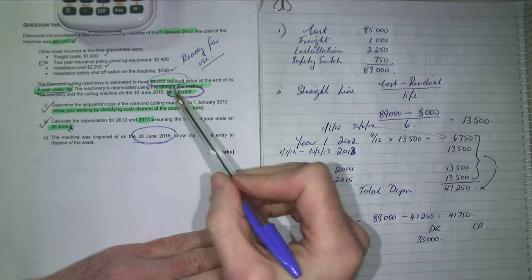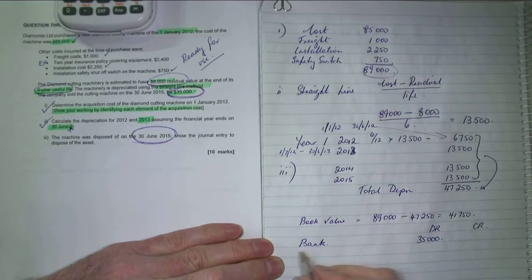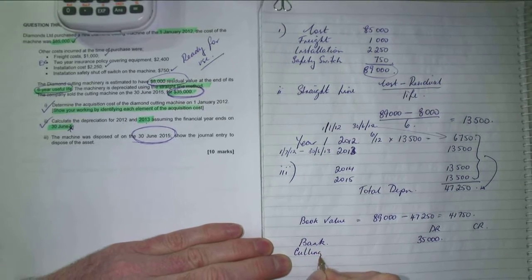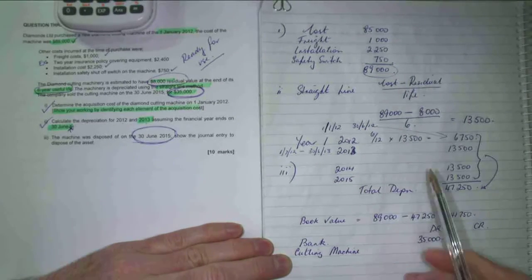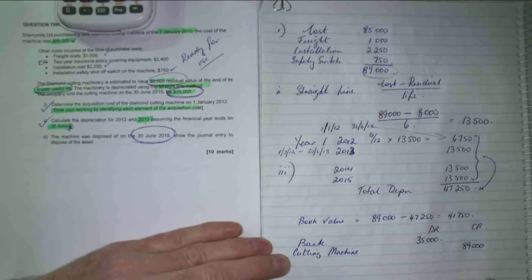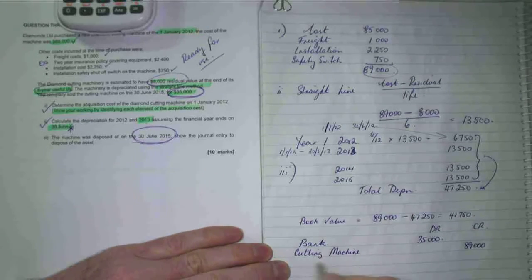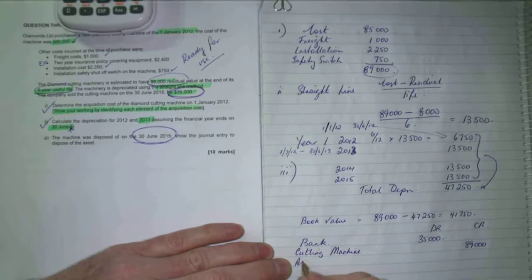Next thing, I'm going to reverse the value of my asset. So, cutting machine. Now normally we would debit that when we're creating it, but when we sell it, we're going to credit it. So we're removing it from the accounts. So that's taken care of that. The next thing I want to do is my accumulated depreciation.